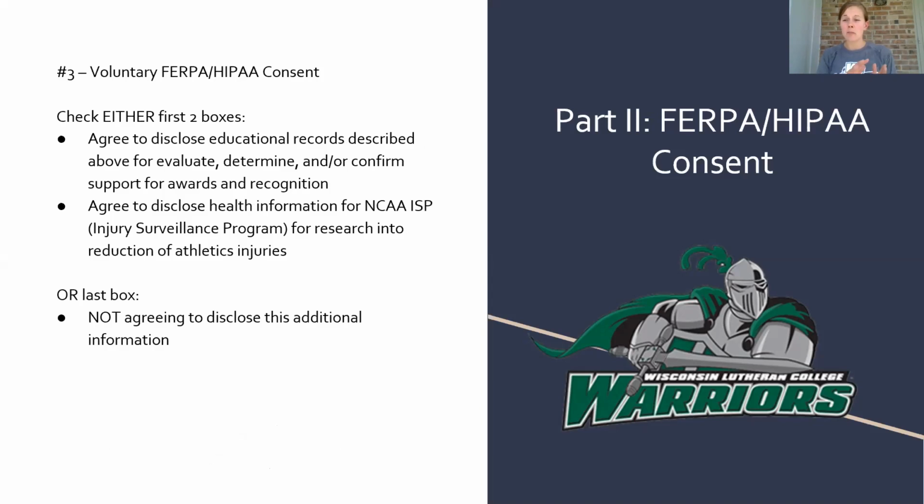There are additional voluntary consents regarding these two things. You can check the first 2 boxes where you agree to disclose those educational records and your health information records that we went over, for evaluating, determining, and confirming additional awards and recognition, and for your HIPAA consent for the NCAA Injury Surveillance Program for research into the reduction of athletics injuries.